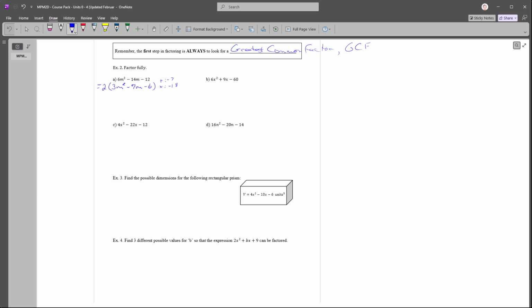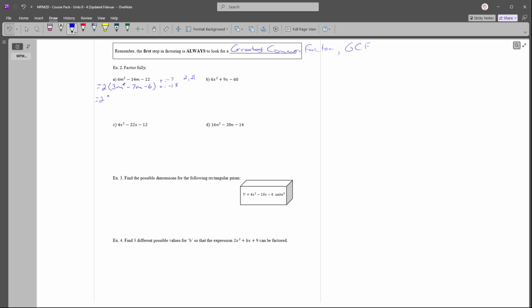So 1 and 18? Nope. 2 and 9? Yep, that makes sense. 2 and 9 is going to get me to 7. And because this sign is negative, the bigger of the two is going to be negative, so negative 9 there.